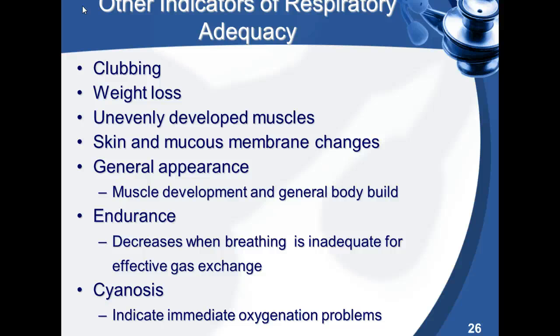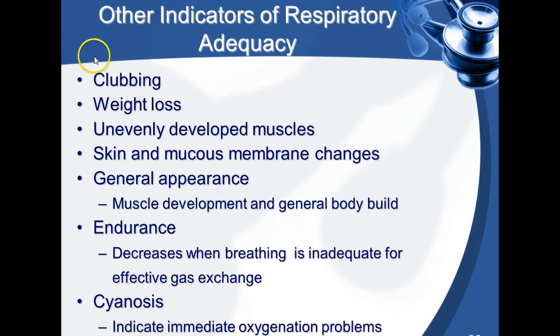What are some indicators? When you're a nurse and you're looking around at people, you'll start to notice things that may be an indicator of them having an inadequate respiratory status.